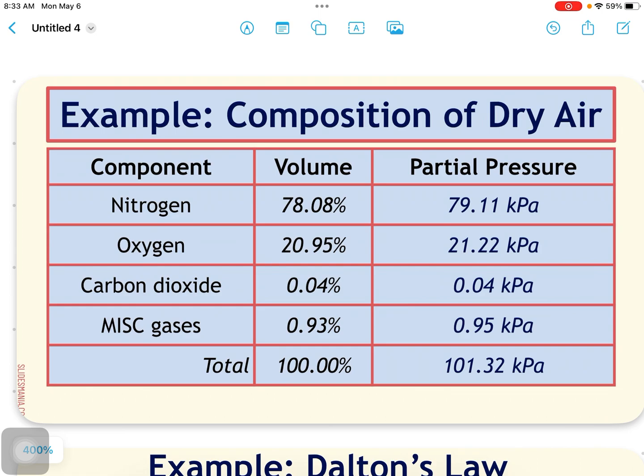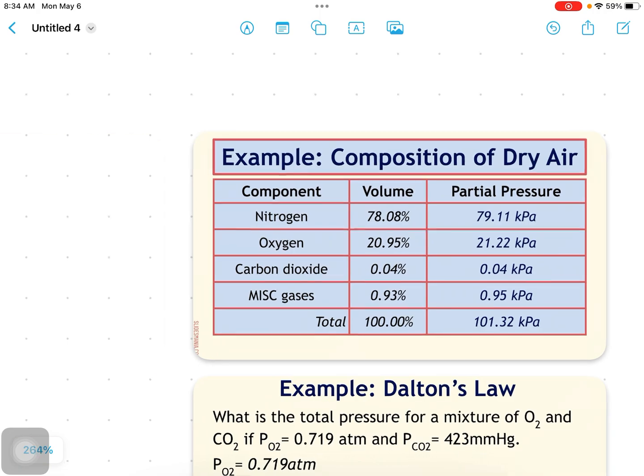Other miscellaneous gases, whether bromine, fluorine, or hydrogen, are 0.93%, and so the partial pressure would be 0.95 kPa. When you add those all together, it gives you about 101.32 kPa for the total mixture of air. That's why when we say there's 1 atmosphere, it also equals 101.3 kPa.